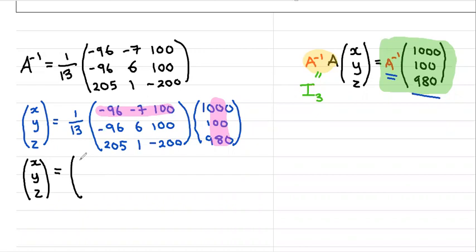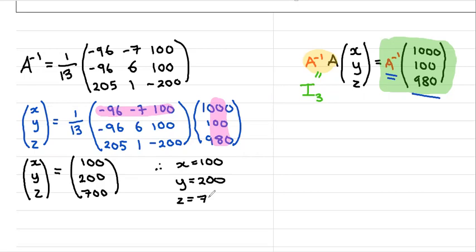We're going to have 100 for X, 200 for Y, and for Z, we're going to get 700. So therefore, we know that X is equal to 100, Y is equal to 200, and Z is equal to 700.